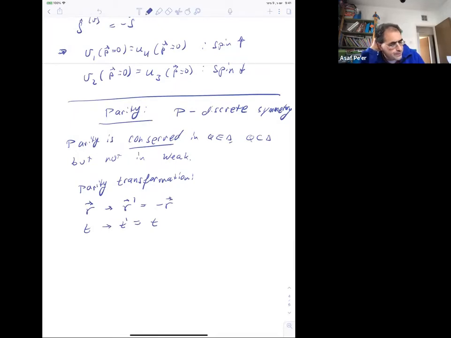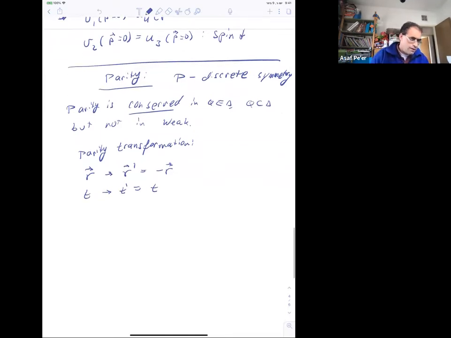Now that's what it does for space. Now the Dirac spinor has internal degrees of freedom, right? It has the spin. So the action of the parity on the Dirac spinor is not so trivial because of these internal degrees of freedom. Nonetheless, it's not that difficult to derive it. And by deriving it, we'll deduce how the parity operator looks like.